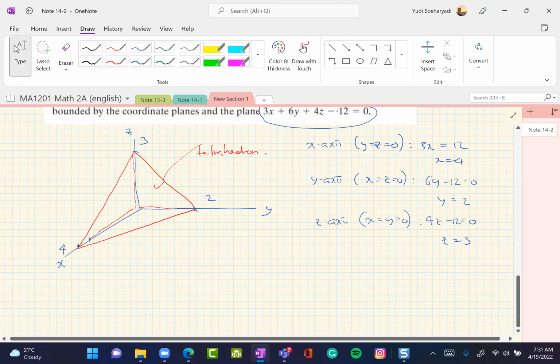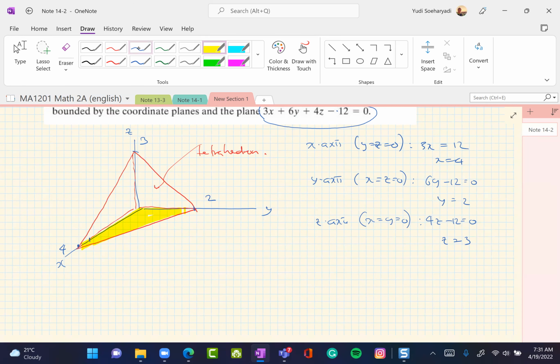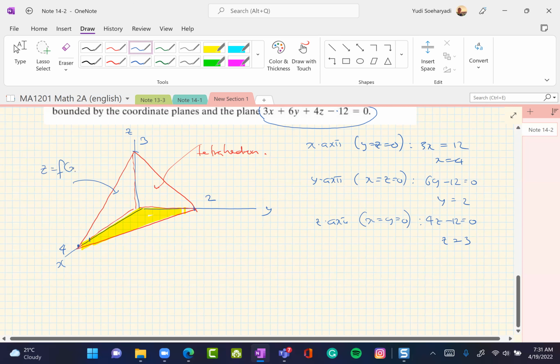So how are we able to compute its volume? Let's put this down: this is the domain of integration, and this is the integrand.